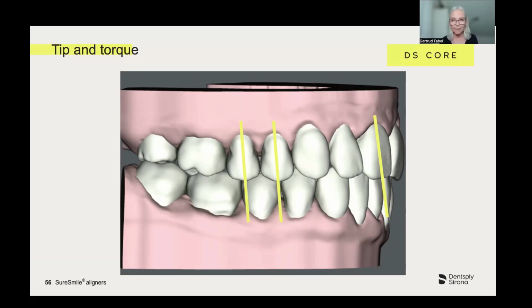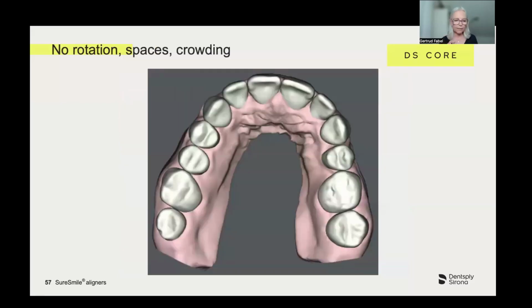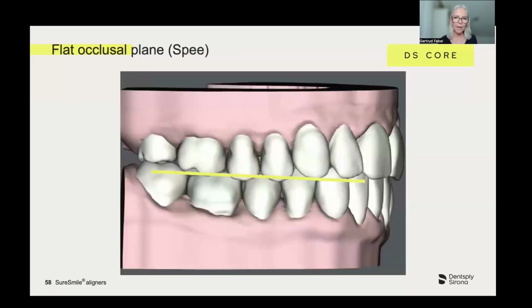A treatment example for tipping a tooth would be the straightening of an open bite in anterior teeth. Rotations, gaps, and tightness are a lot easier to explain. You check that when you get your treatment simulation, your so-called staging. And the last look is at the occlusion plane, the so-called Spee curve, which should be as flat as possible.